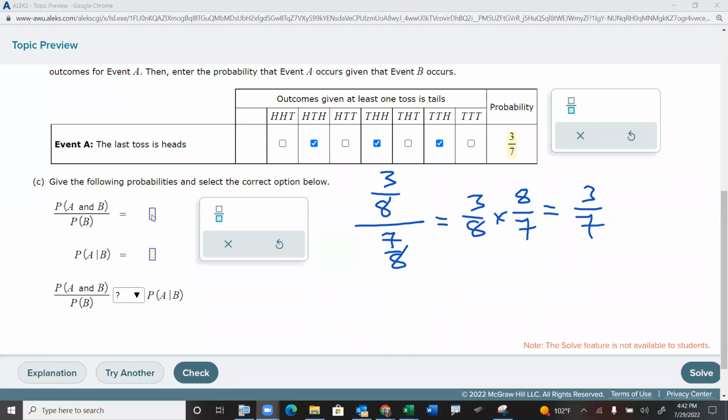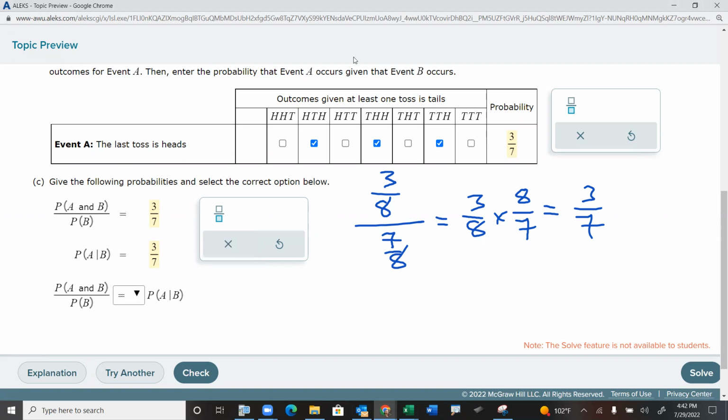So 3/7. Now, what's the probability of A given B? Well, we just found that, 3/7. So out of those 2 things, which one? What's going on? Well, obviously they're equal. They're both 3/7.